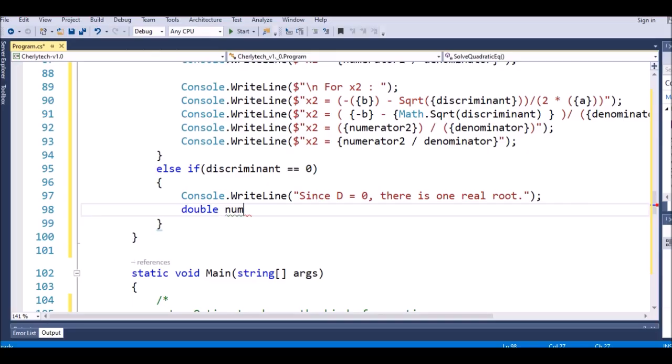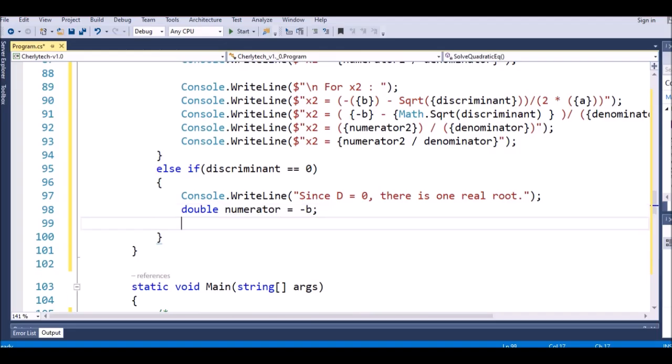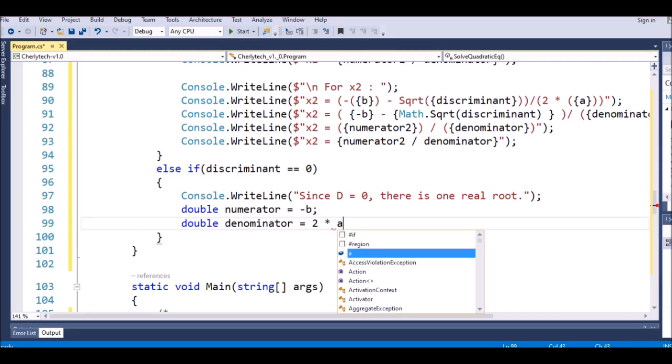New numerator equal minus b, and double denominator equal 2 multiply a.